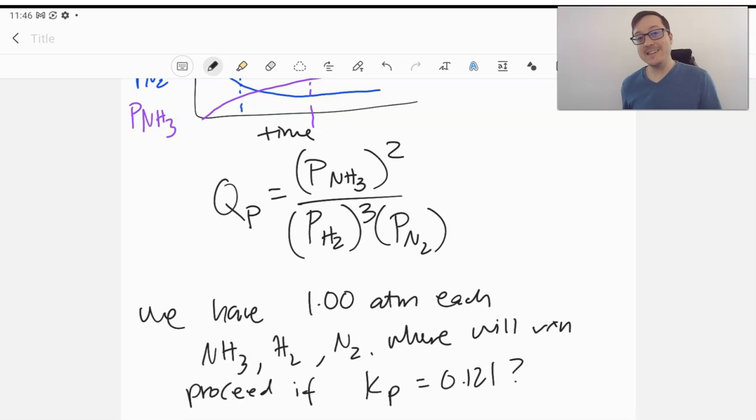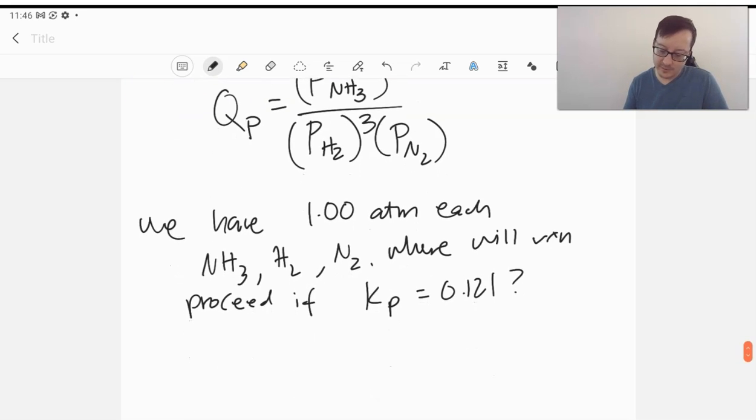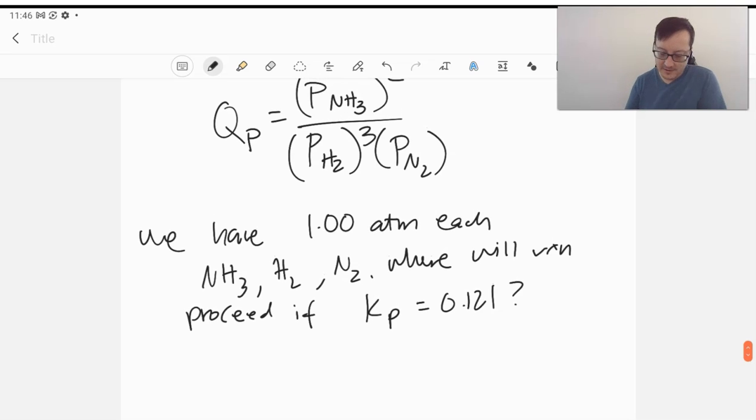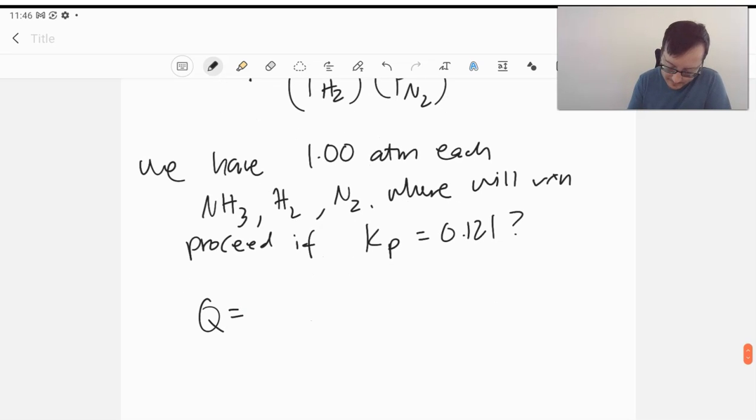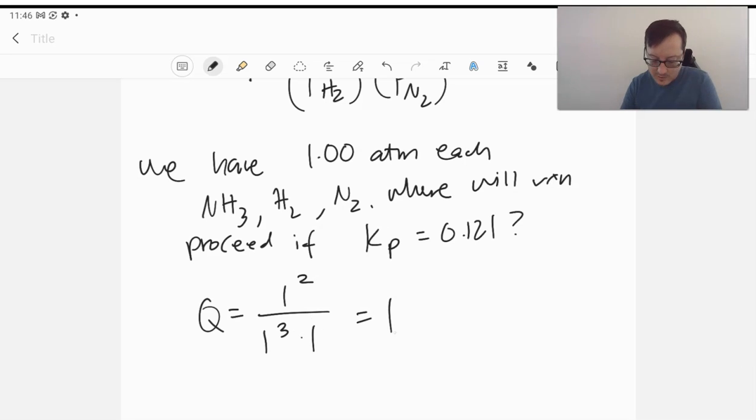Well, we simply need to analyze Q. If we can calculate Q, we can determine if it's got too many products or too many reactants. Because remember, equilibrium is all about that magic ratio of products to reactants. And so, thankfully, because I've chosen very easy numbers here, if we plug this in, we get Q is 1, because I've chosen just 1 atmosphere of everything.